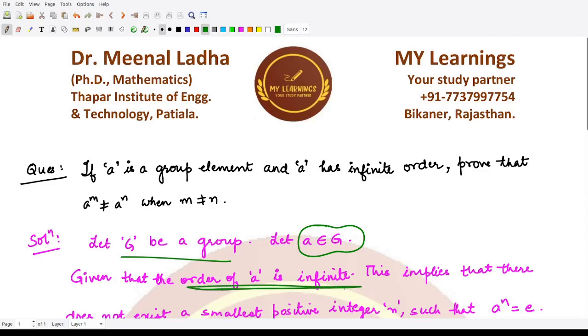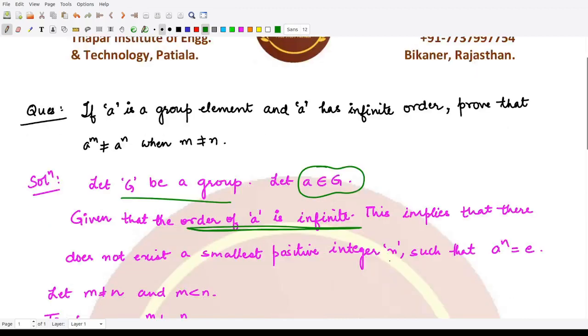What would it mean? It would mean that there does not exist a smallest positive integer n such that a raised to power n is equal to e, correct? This is one thing. Another thing, we have to prove that whenever m is not equal to n, a raised to power m is not equal to a raised to power n. So we assume that m is not equal to n.